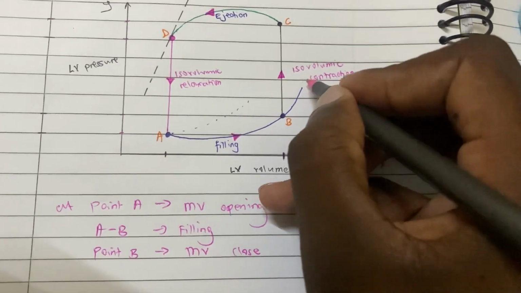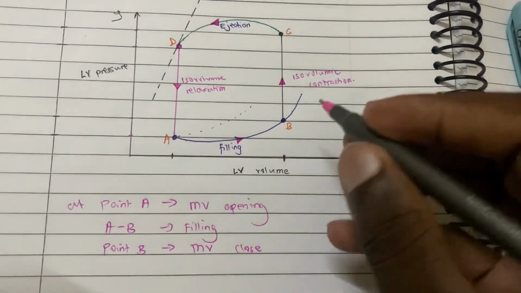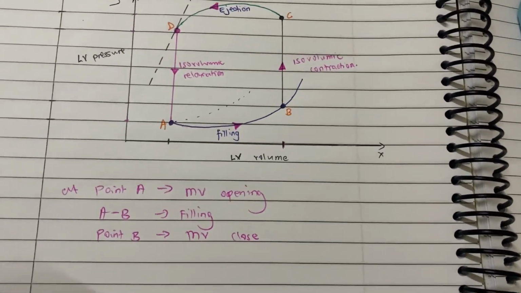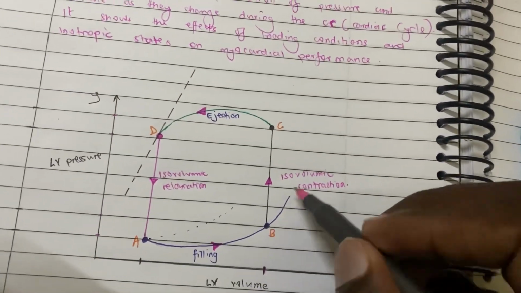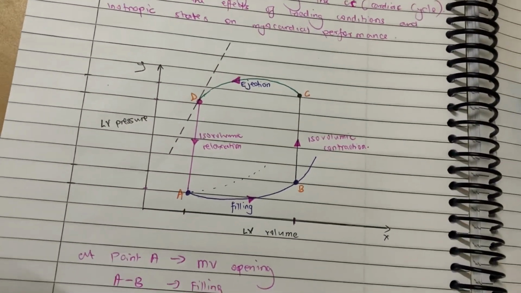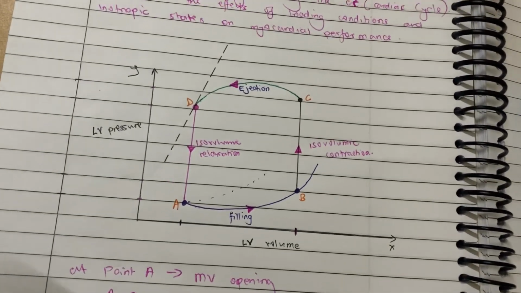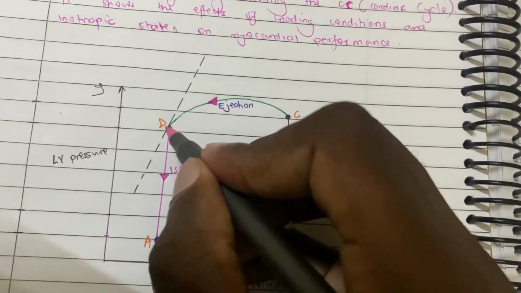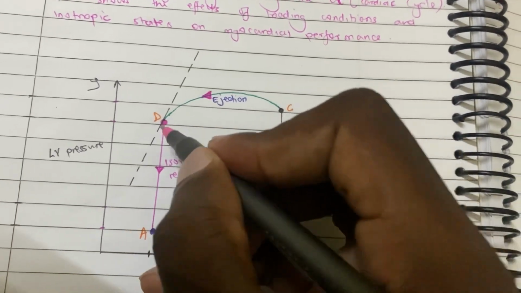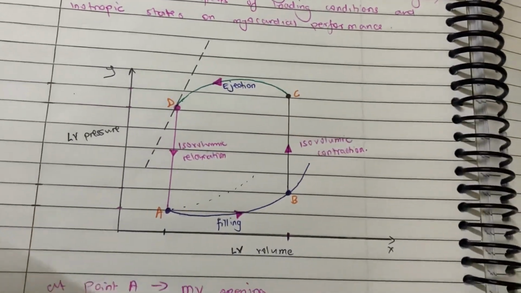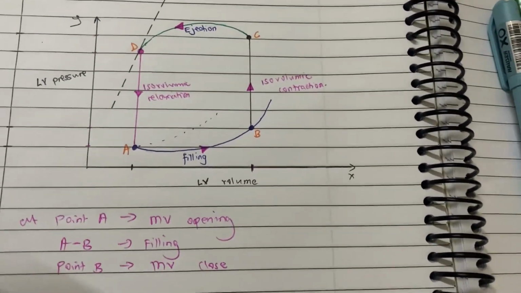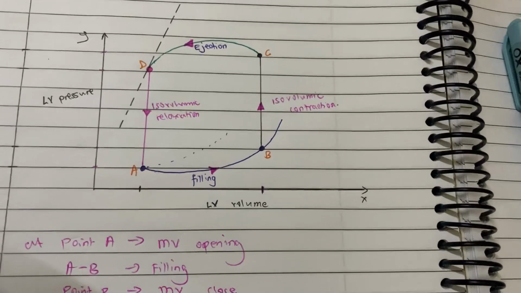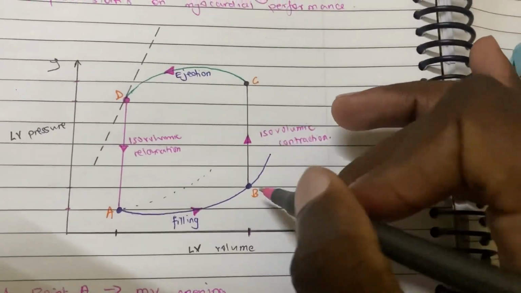Otherwise, this line can continue upwards, can be extrapolated upwards, depending on the preload. And also this line, the green one, can be extrapolated downwards depending on contractility.